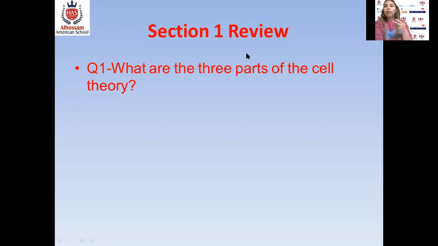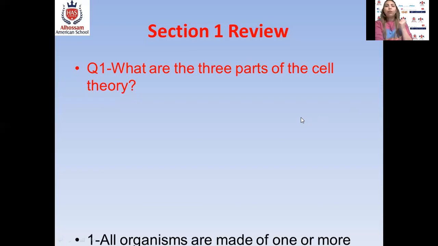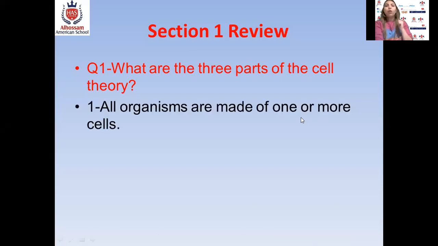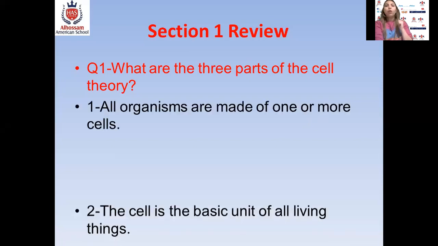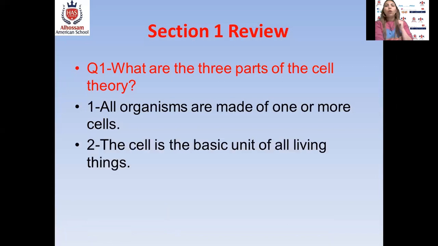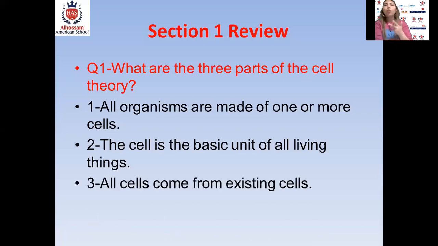Thank you so much. So, number 1, all organisms are made of 1 or more cells. Number 2, the cell is the basic unit of all living things. Number 3, all cells come from existing cells.